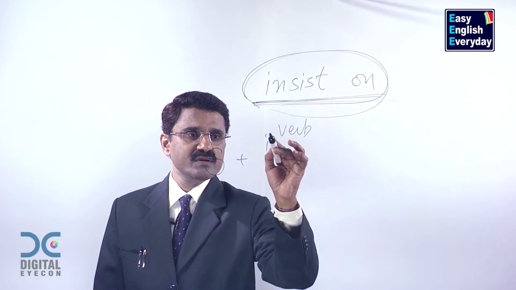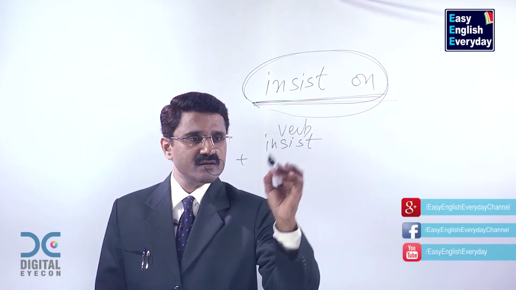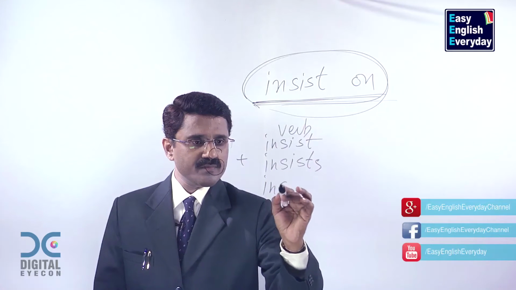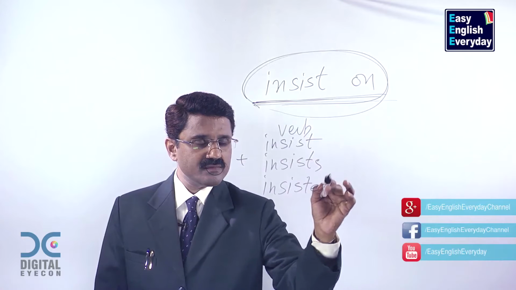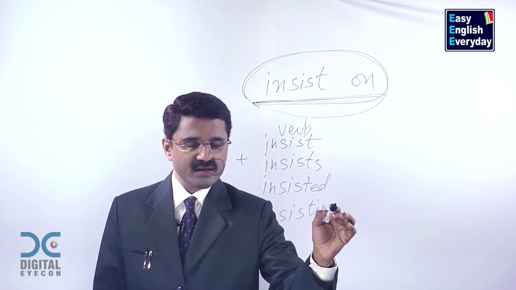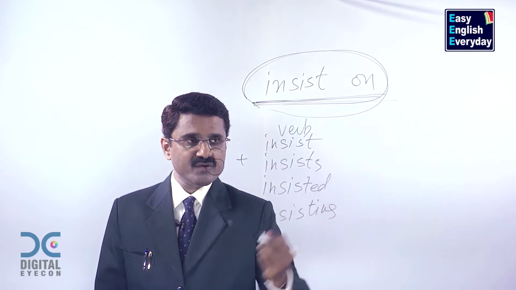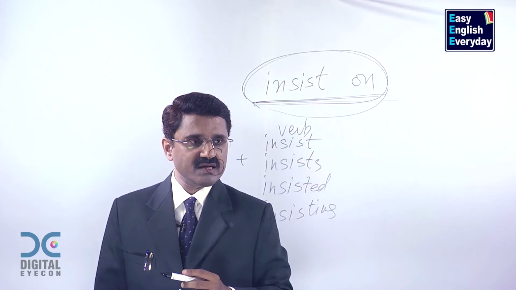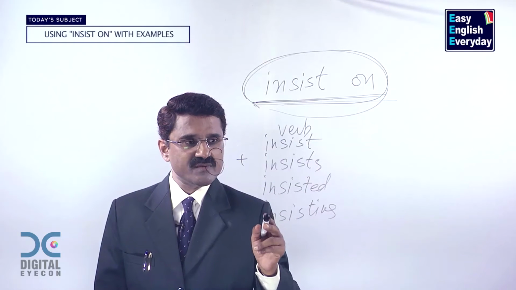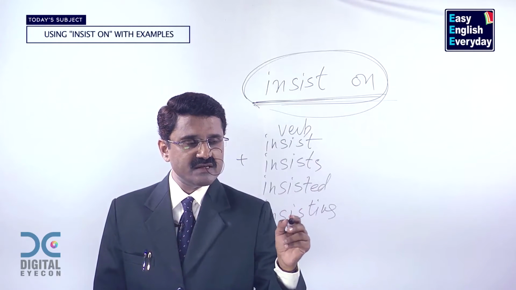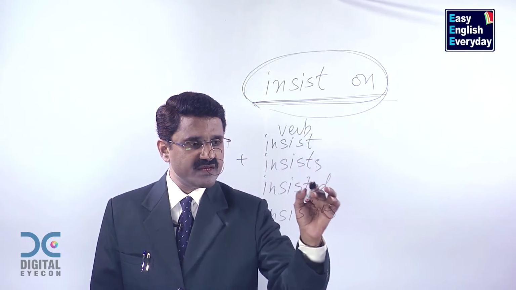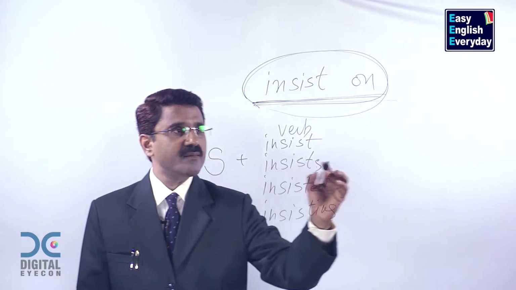Then you can use insist or insists or insisted or insisting. Is it like a tongue twister? Of course, for some people it is. But you have to pronounce it properly. Insist, insisting, insisted, insists.